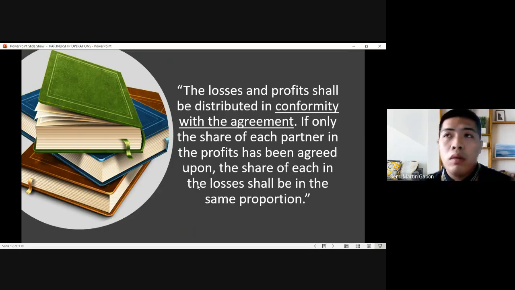So meaning, kung loss yan, kung paano i-distribute yung profit, ganun din ang distribution sa loss. Otherwise, if they agree differently in the distribution of the profit and the loss, they may do so. Again, Tagalog ko na lang, kung ano ang pagka-distribute nila sa profit, tapos walang agreement sa loss, yung loss i-distribute in the same way dun sa profit.